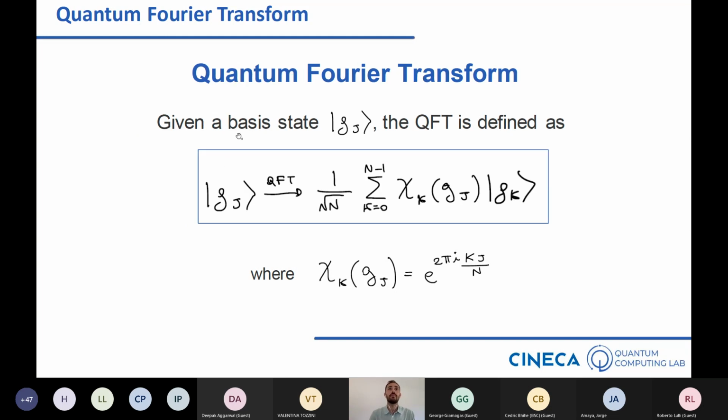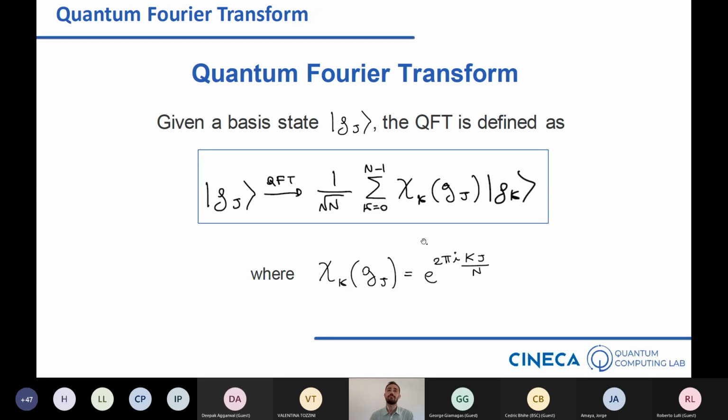Given a basis state, which means a state like 1, 0, 0, 0, 1, 0, a basis state, not a superposition, the quantum Fourier transform transforms your state Gj, could be 1 for example, into a superposition of all the basis states multiplied by a coefficient that is again the same as in the discrete Fourier transform.